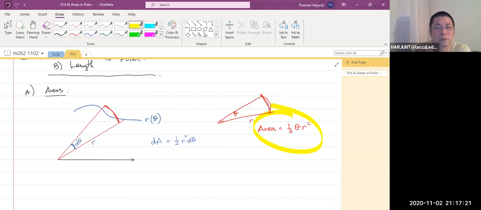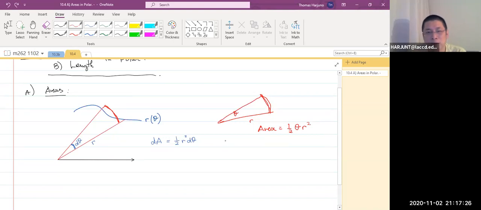Okay, let's do it. Proof. So I will prove this here. Area of a circle is pi r squared. Now the sector area is proportional to the central angle.